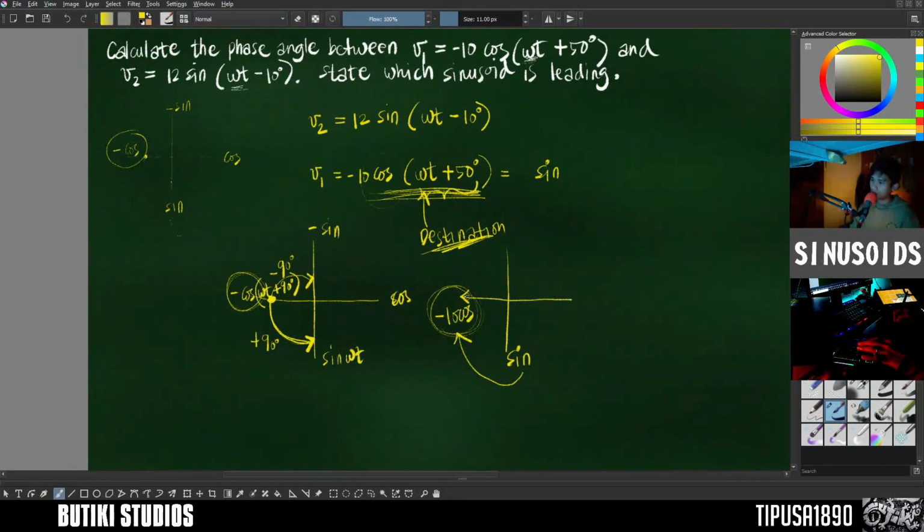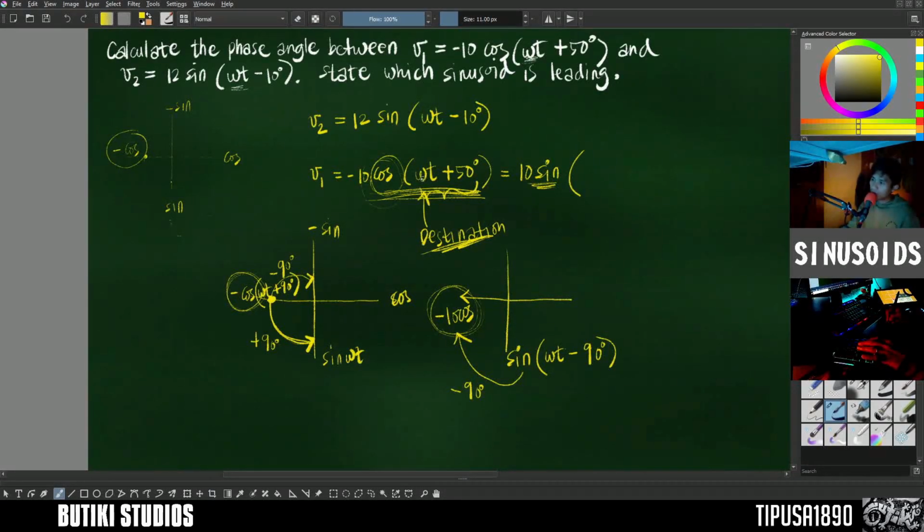And then, from the destination, the sine's angle we first add or subtract. Since we are going clockwise, we subtract 90 degrees, so the omega t becomes omega t minus 90 degrees. Everything else is just copied. From cosine it becomes sine. The negative 10 this time becomes positive 10, right? Because it was negative 10 there, belonging to the negative quadrant, but once it is sine, it becomes positive. The rest inside stays the same.